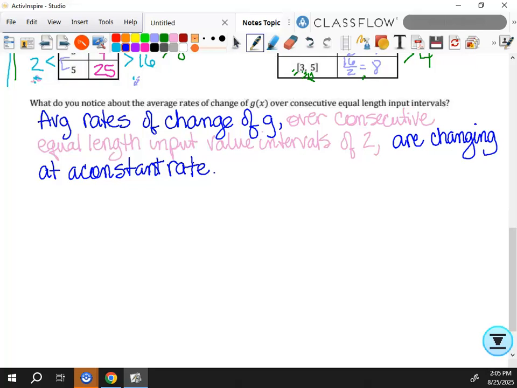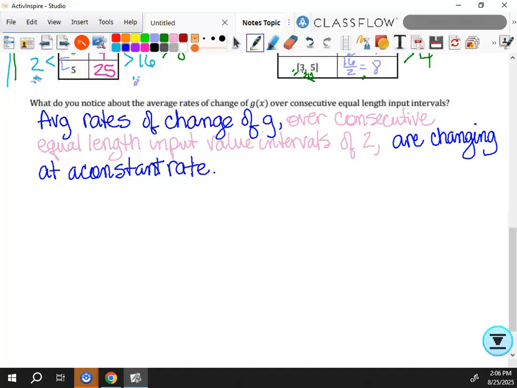And that's what gets confusing for some people if we don't start writing it like that now. I think it would make more sense if we said average rates of change of G are changing at a constant rate over consecutive equal length input value intervals, like just put it all together like that. But this is the way most of the time it is written. Now you can see it written other ways too, but this is the one that I think sometimes leads to confusion when people are reading it. Okay, what questions you got?